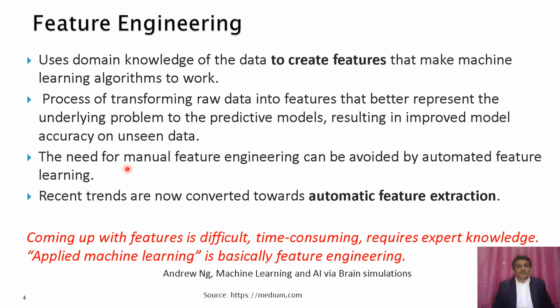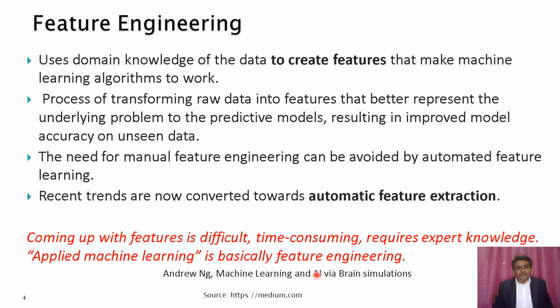The need for manual feature engineering can be avoided by automatic feature learning. Recent trends are now converging toward automatic feature extraction. Andrew Ng is a professor at Stanford University. He has also worked on a number of projects related to machine learning and AI.